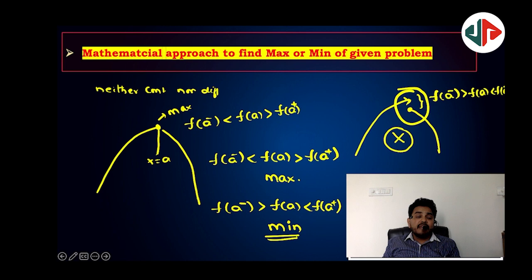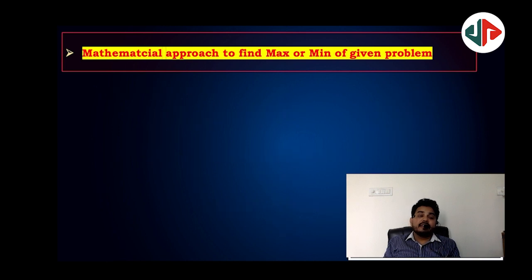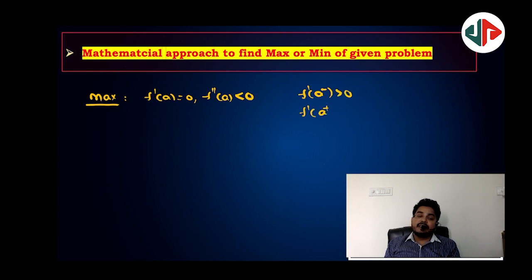So, simply, in a single line: for maxima, either f dash of a is equal to 0 and f double dash of a is negative, or f dash of a minus is greater than 0 and f dash of a plus is less than 0, or f of a minus h is less than f of a, which is greater than f of a plus h.